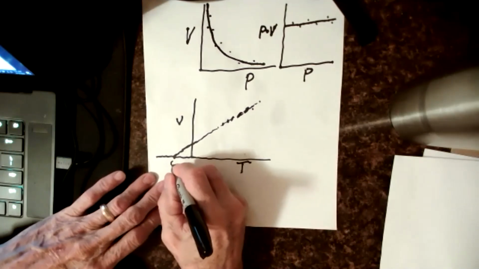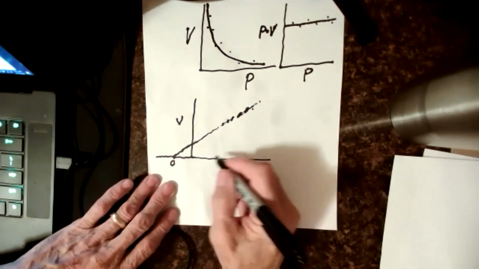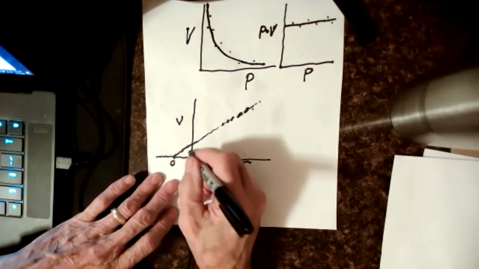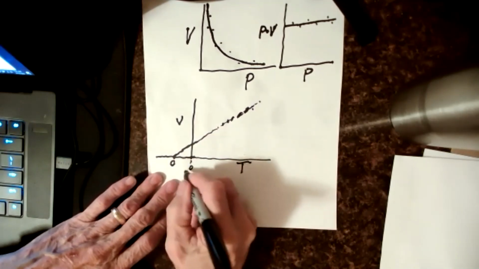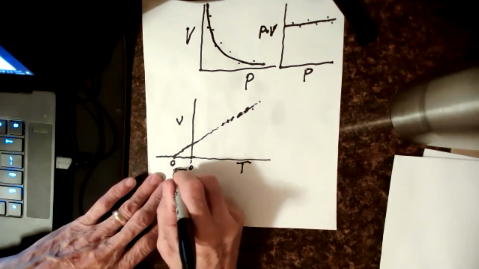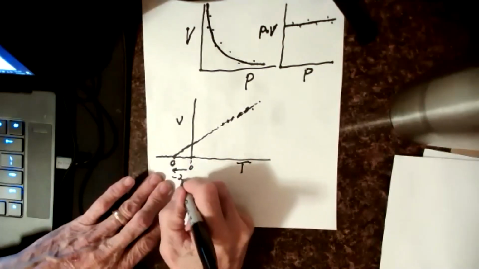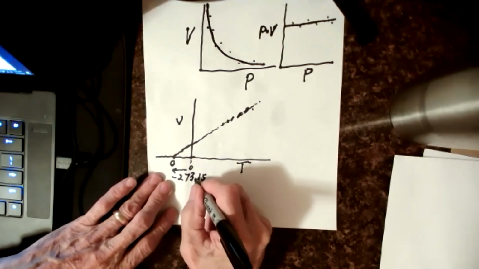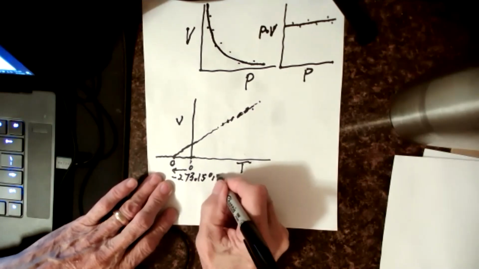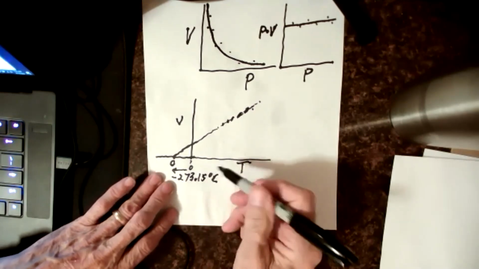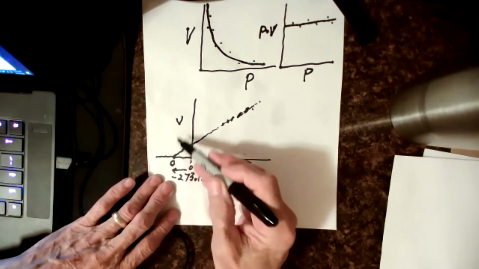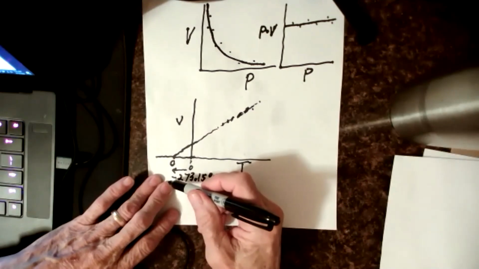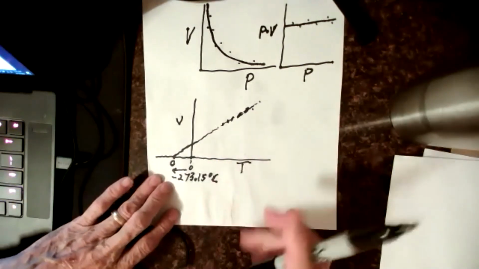If I do that on that scale, suppose this were my zero, that's my origin. This distance back to here is minus 273.15 degrees Celsius. If you were to cool something down to that temperature, its volume should disappear. So that means it's not possible to reach that temperature, and that's really true.